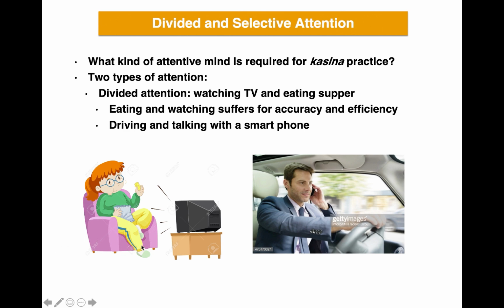Eating and watching suffer in accuracy and efficiency. Also, when you use a cellular phone while driving, a dangerous situation, driving and talking with a smartphone, you divide your attention. That's why this behavior can be dangerous.